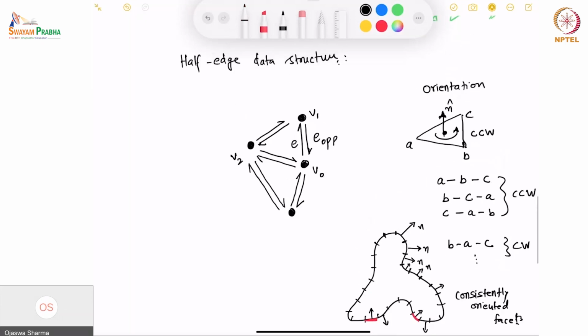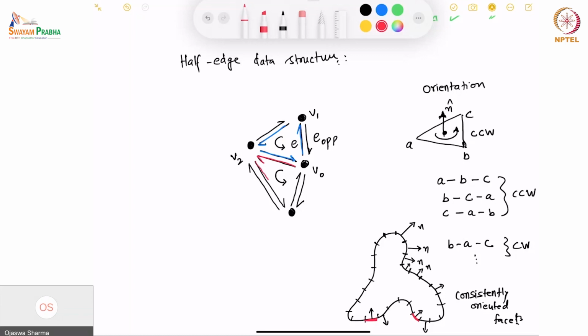So if I come back to this data structure, my anti-clockwise orientation of facets is like this. And then you will notice that the edge E and its cyclic neighbors all form a counterclockwise orientation. Take the next half edge, which I'm drawing in red here, that's the opposite.